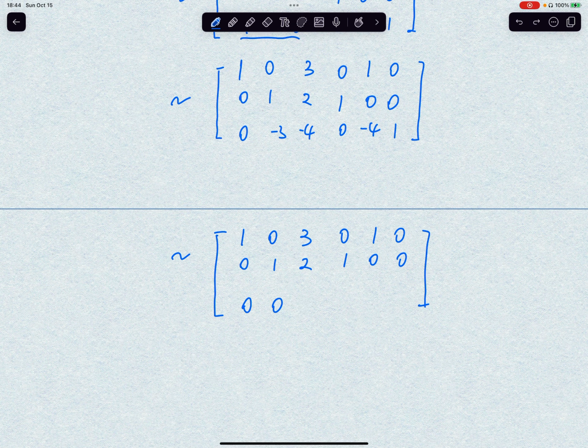So we multiply the second row by 3 and add it to the third row. So this is a 2. And the same thing happens to the third row of I. So this guy is multiplied by 3. So we have 3 here, 0, and 3 as 2 minus 4.